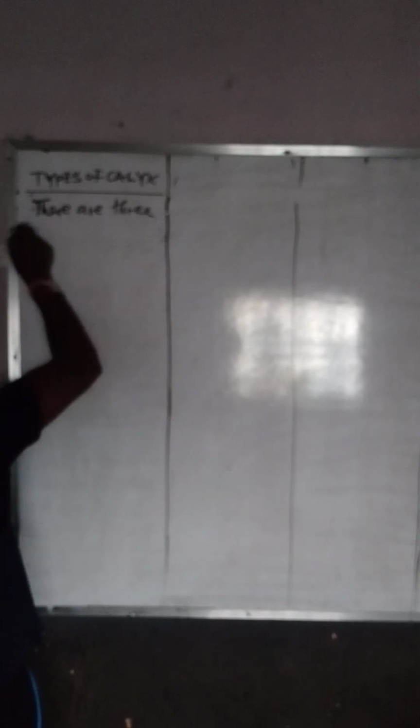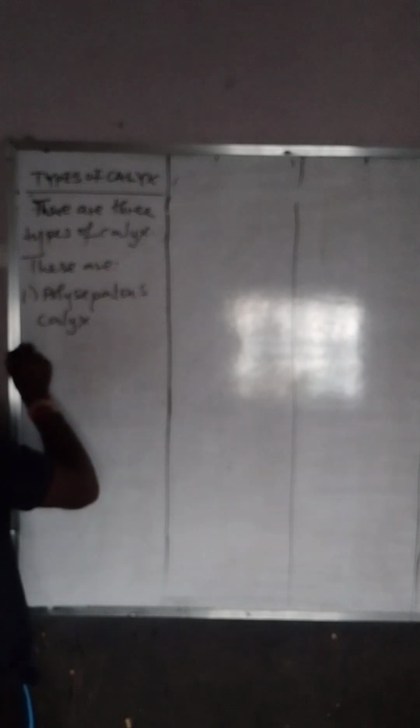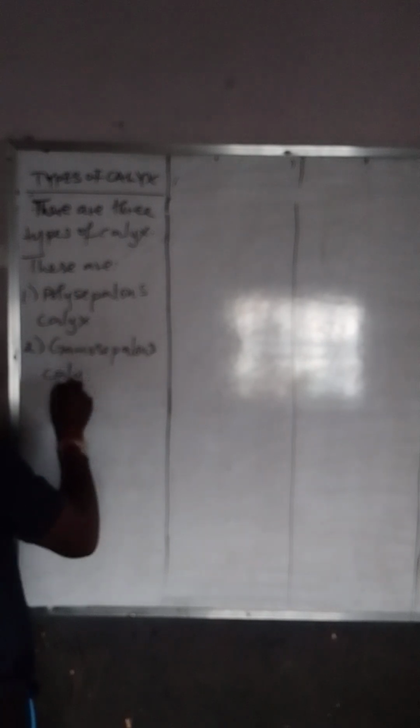Now, we want to look at types of calyx. There are three types of calyx. What are they? The first one is called polysepalous calyx. The second one is called gamosepalous calyx.